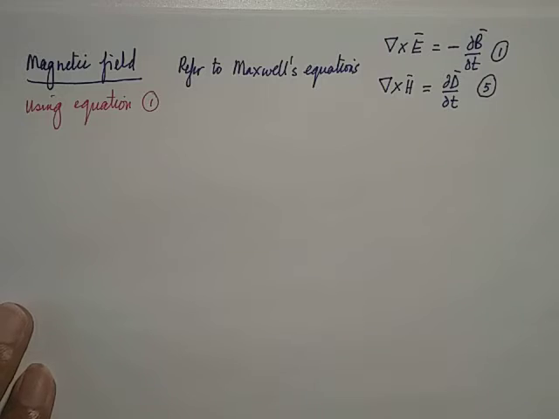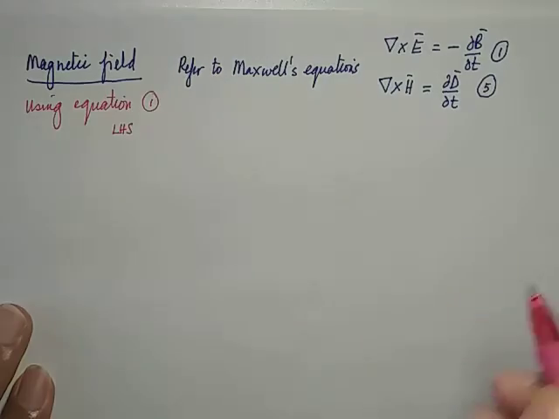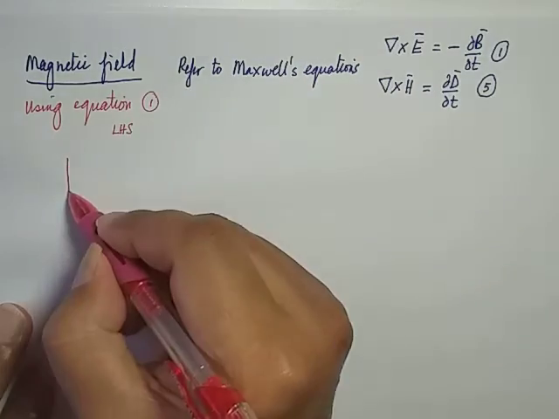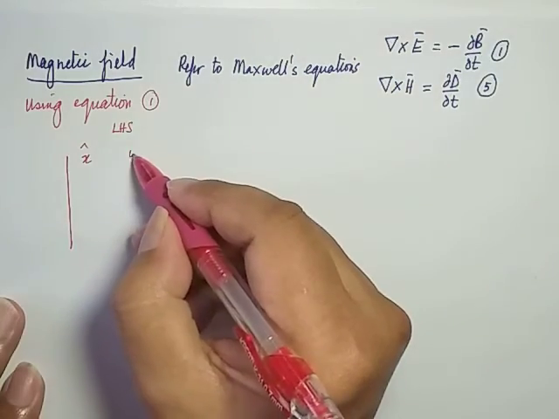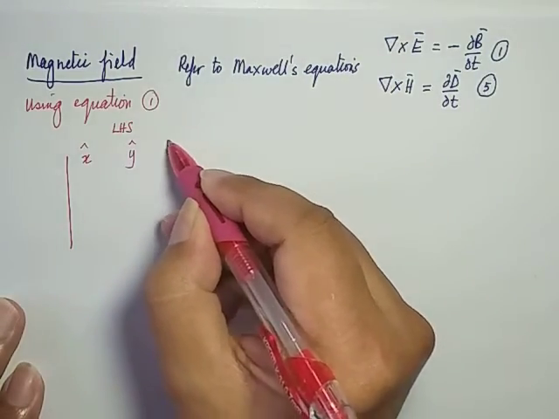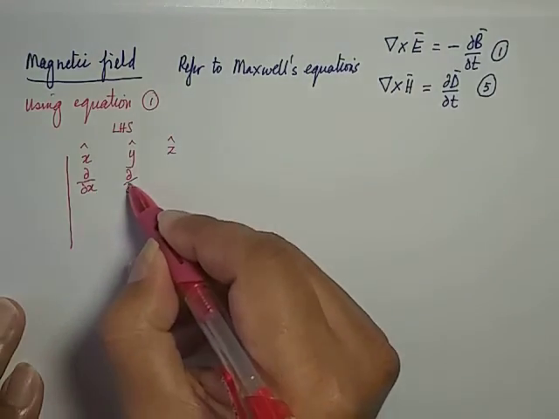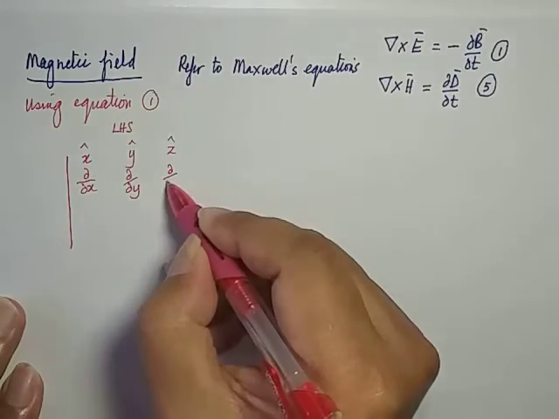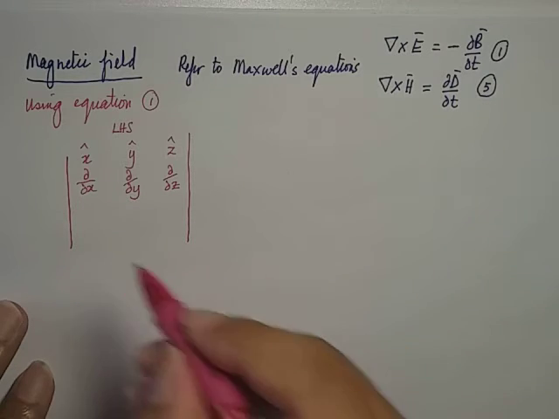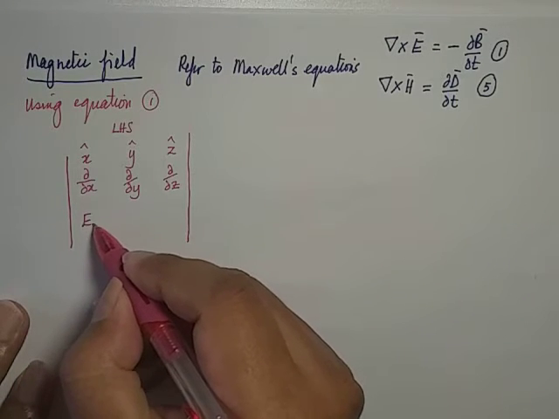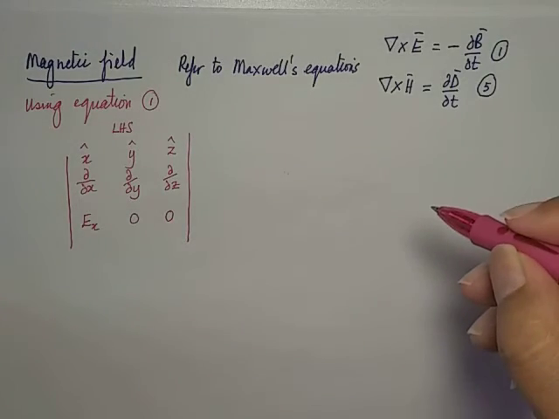Okay, using equation number 1, on the left hand side, based on the Cartesian coordinates, I'm going to have the x, y, z directions, and then the del notation, d over dx, d over dy, d over dz. What field do we have here? The Ex component. Do we have a y component? No. A z component? No. We have the Ex component only.